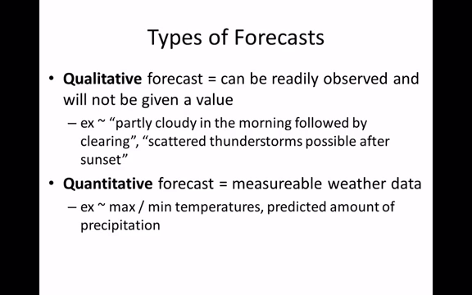So when meteorologists put out a forecast, oftentimes what they say is just qualitative information. Like, is it going to be cloudy, generally cloudy, and if so, how much? Is it partly cloudy? That's qualitative information. Quantitative information would be, what's your high for tomorrow going to be? That's a solid number.